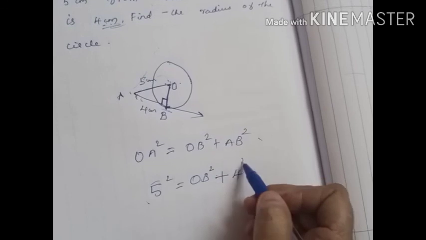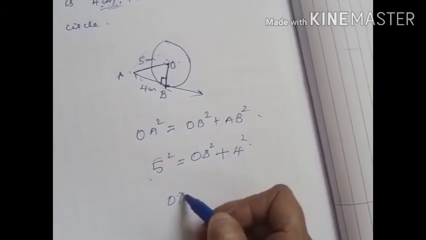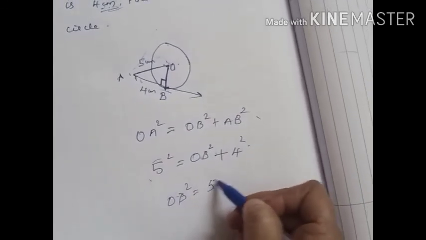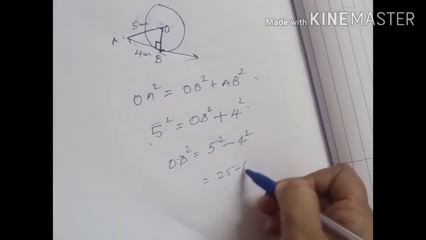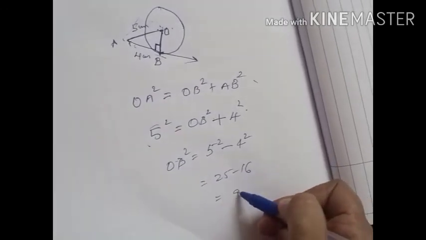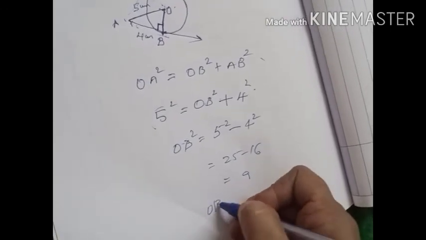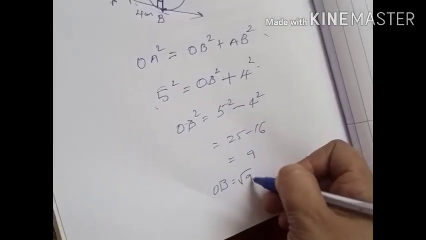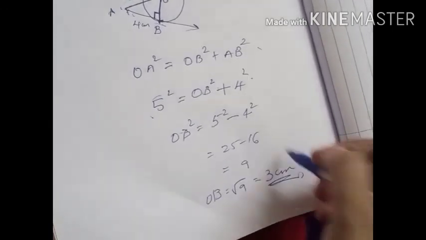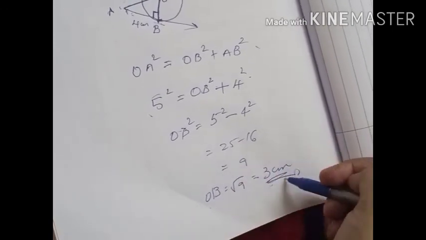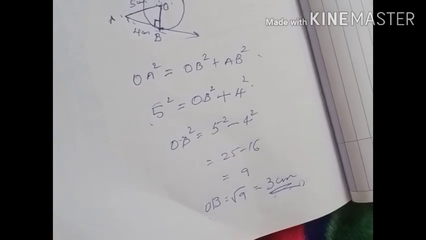Then OB square equals 5 square minus 4 square, that is 25 minus 16, which equals 9. So OB equals root 9, that is 3 centimeters. So the radius of the circle, OB, is 3 centimeters.